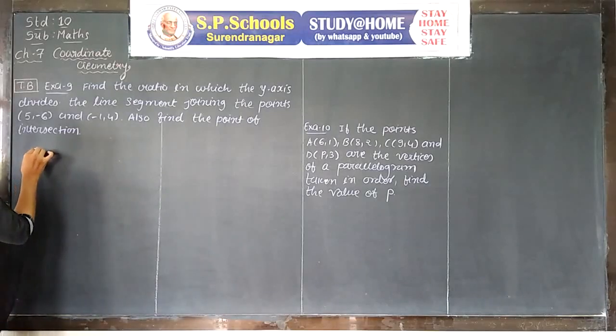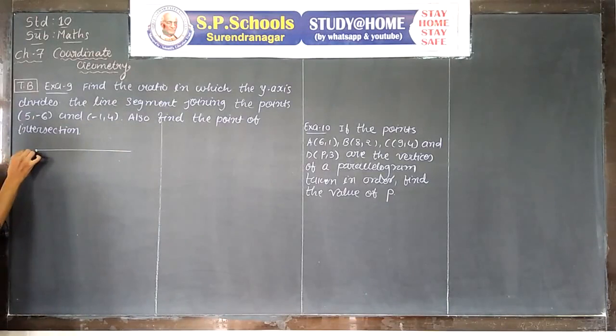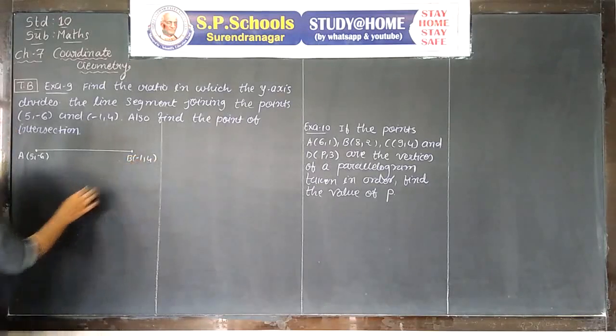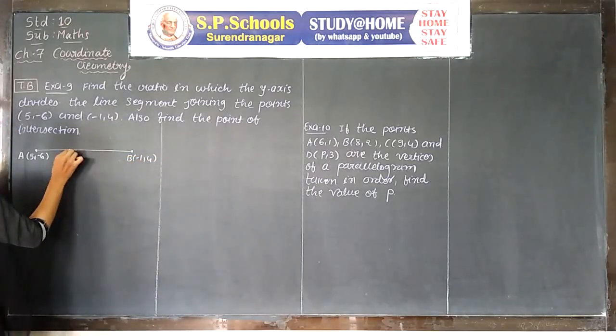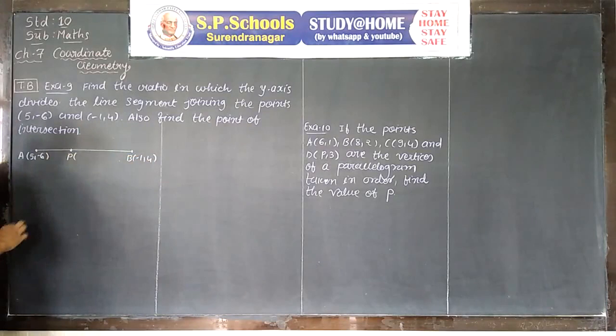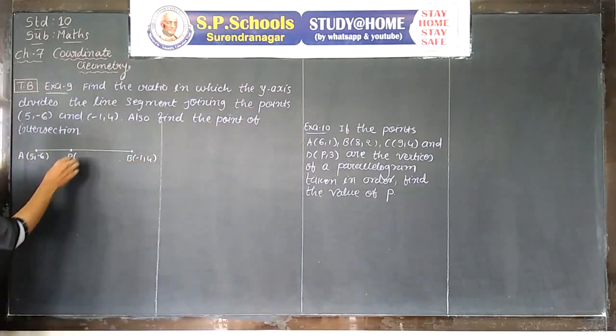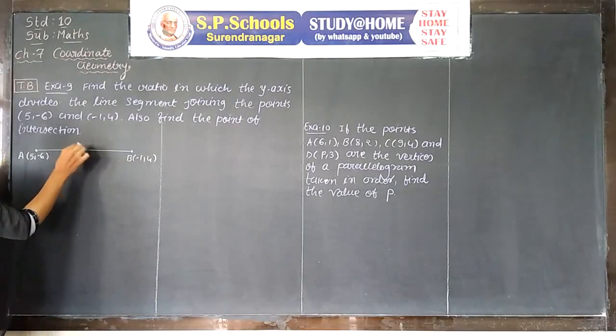Let's draw one line segment. Line segment A 5, -6, B -1, 4. Y-axis divides means the point P on the y-axis divides the line segment joining the 2 points A and B. We know the coordinates on the y-axis are of the form 0, y.